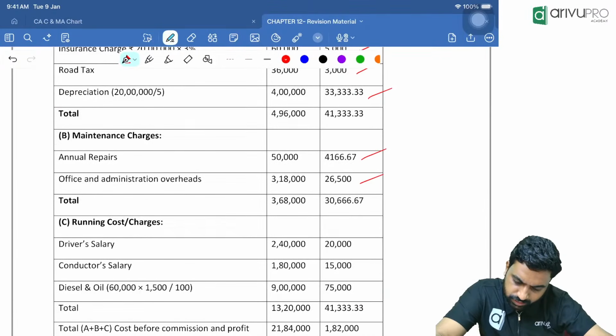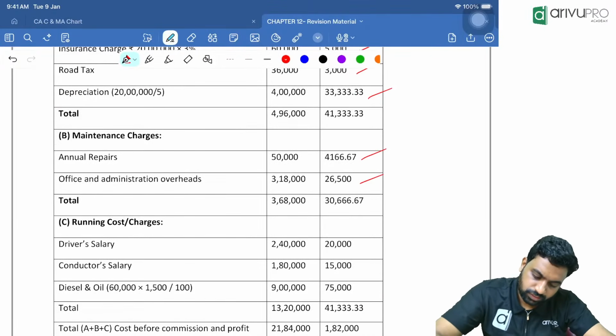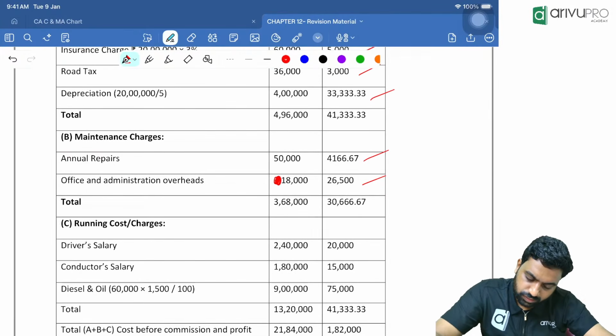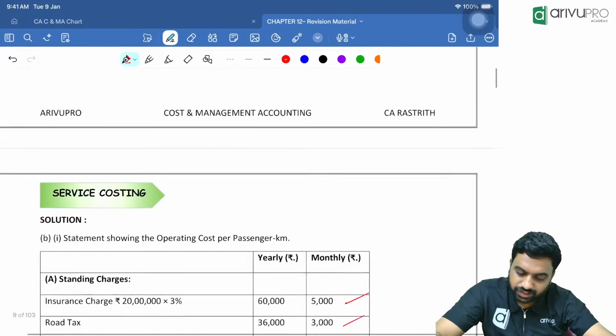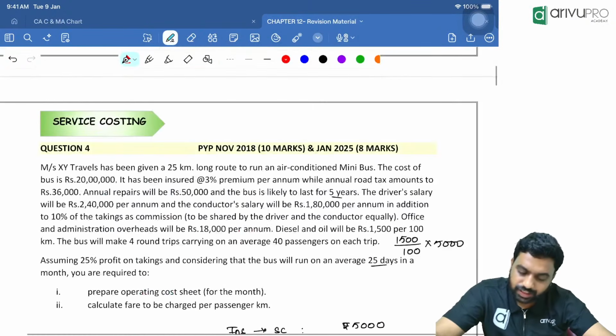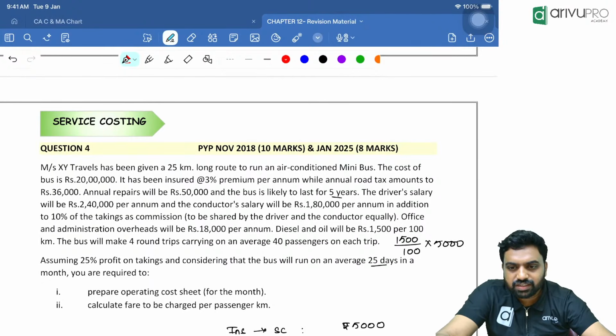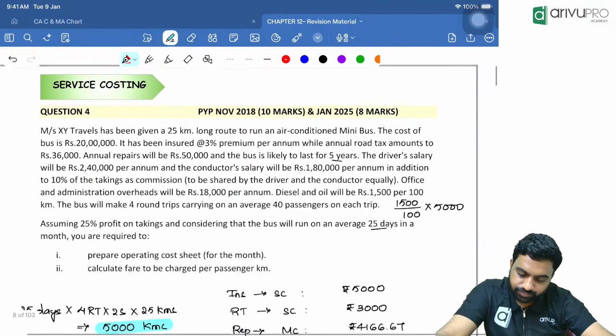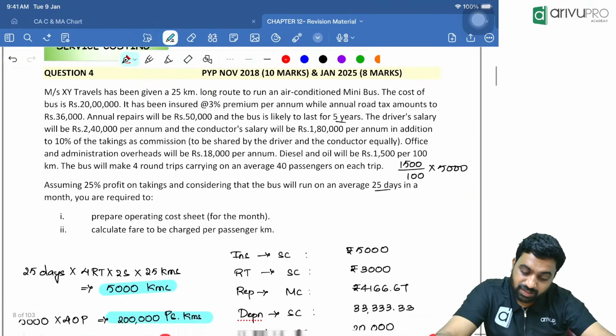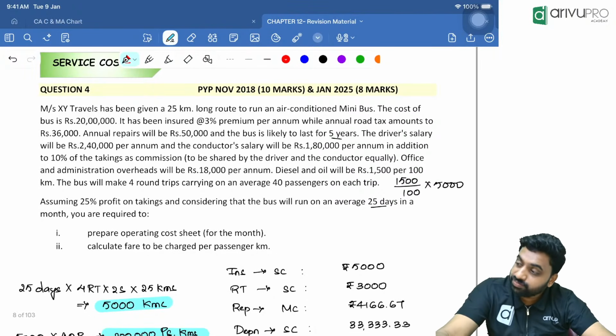Then how come here it is different? I think they have taken it as 3,18,000 rather than 18,000, or I think in the question a 3 might be missing. Whatever it is, if you take 3,18,000 the answer might change, but by taking 18,000 it's matching. I think the same kind of issue is there between the question paper and the answer sheet.